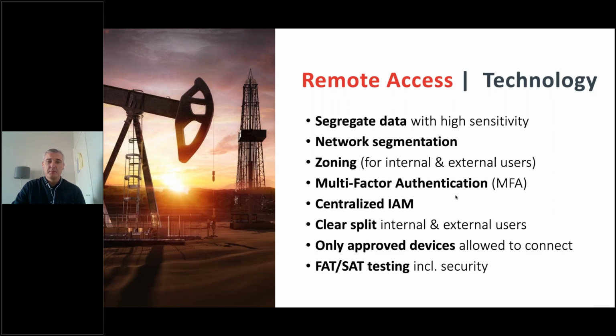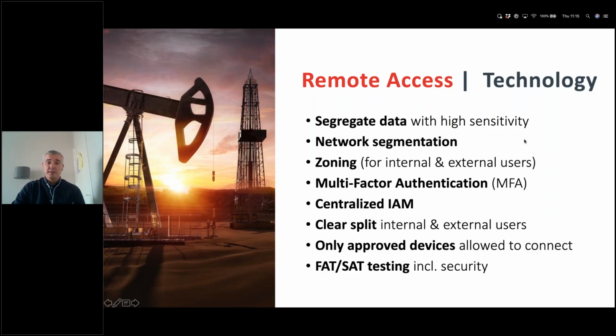So when we speak about remote access technology, it's important to understand, first of all, the needs, the capabilities, and also we have to really prepare the solution design for remote access. To define this in a proper and secure way, we also have to understand very well the communication that goes through.